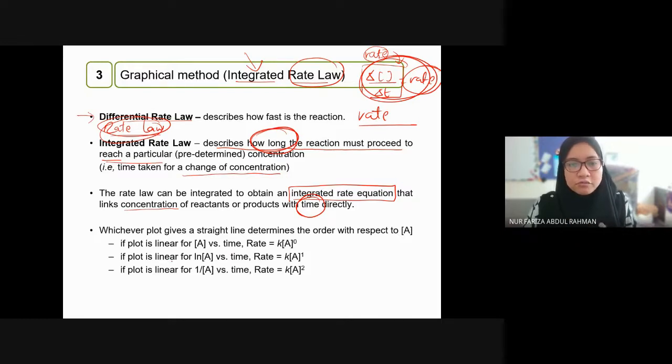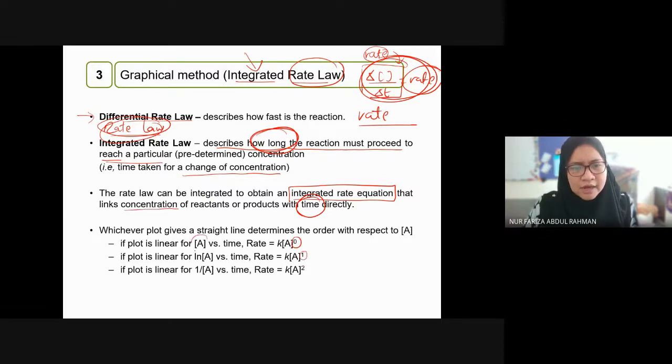But before you could plot a graph, to me, you must be introduced to the integrated rate law first. Because if not, whichever plot gives a straight line determines the order with respect to A, right? If the plot is linear for concentration versus time, then it is zero order. If the plot is linear for ln A versus time, then the order will be 1.